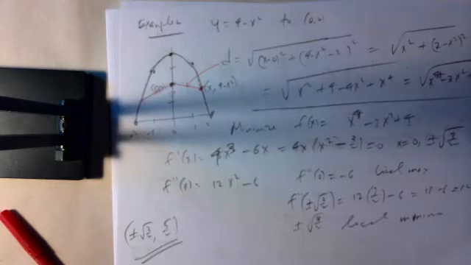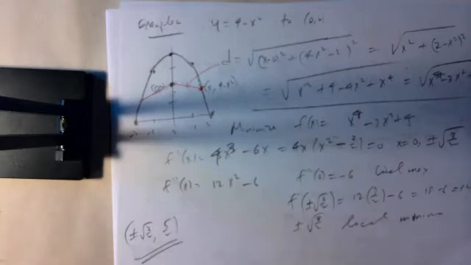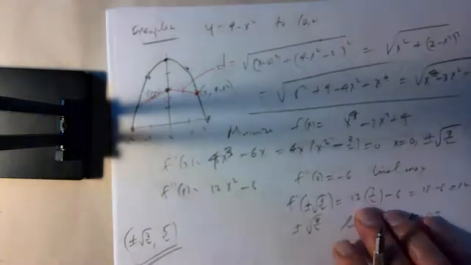So here in our first problem, we were trying to maximize a volume. In this problem, we are trying to minimize a distance. Any questions about this? These are really very important problems to master.